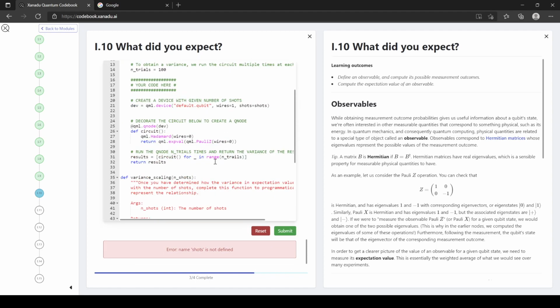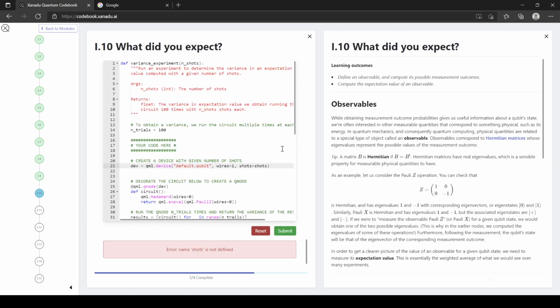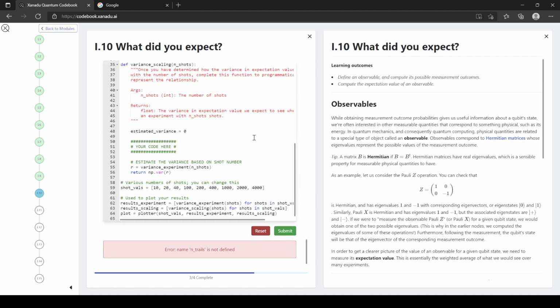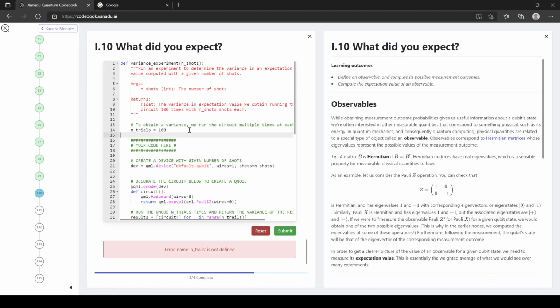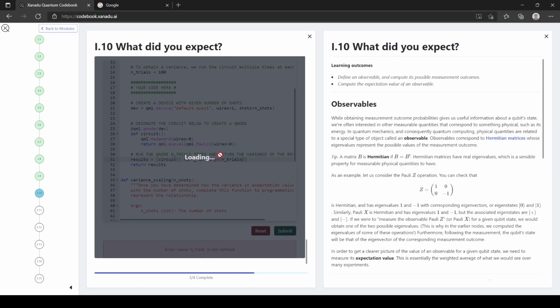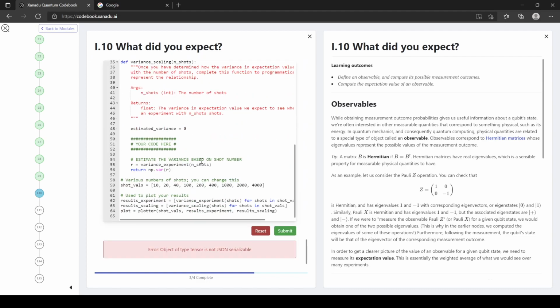Ooh, shots is not defined. Oh, it's n_shots. Oopsies. And trials is not defined. I misspelled it somewhere. There we go. Object of type.